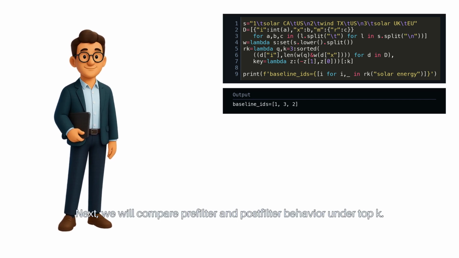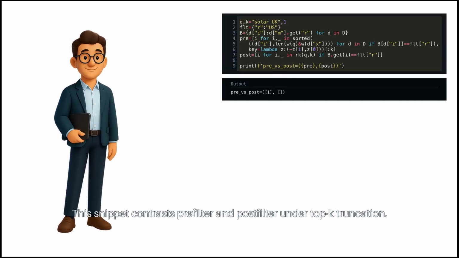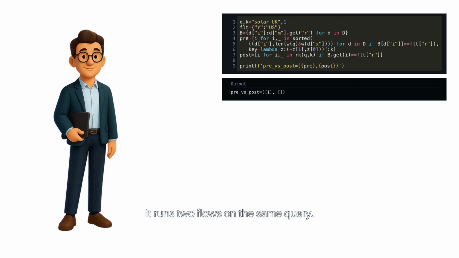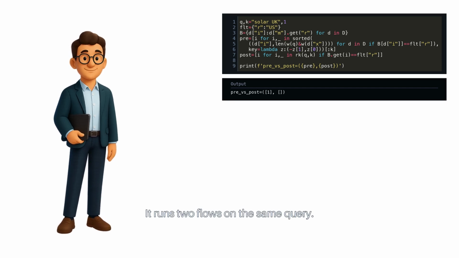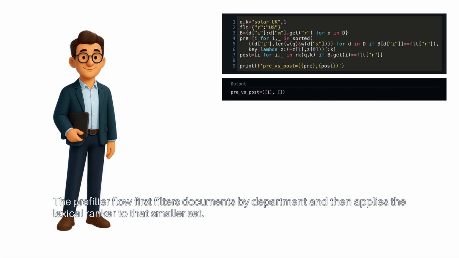Next, we will compare pre-filter and post-filter behavior under top K. This snippet contrasts pre-filter and post-filter under top K truncation. It runs two flows on the same query. The pre-filter flow first filters documents by department and then applies the lexical ranker to that smaller set.